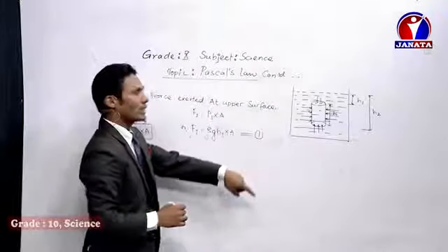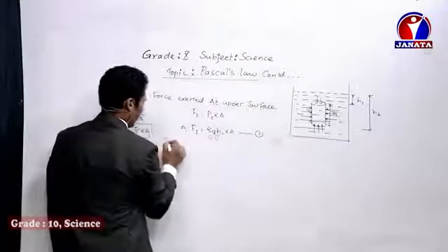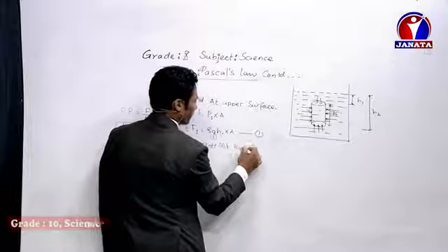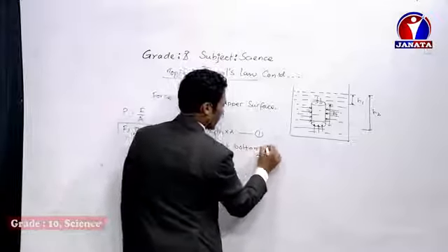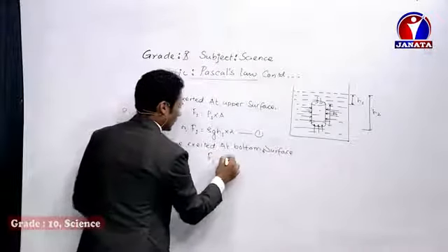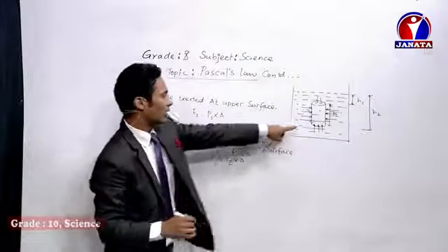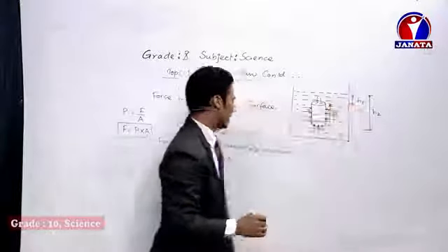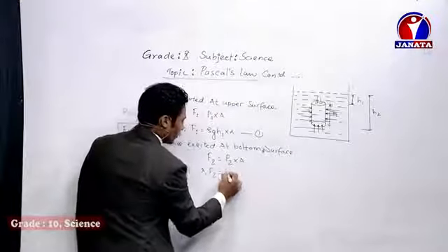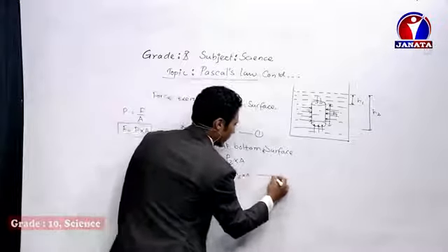Similarly, the force exerted at the bottom surface of this object, if I represent it by F2, is P2 into A. This is the pressure exerted at the lower surface, and the height is h2. So F2 equals rho g h2 A. I'll write this as equation 2.